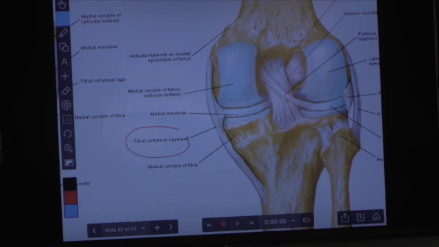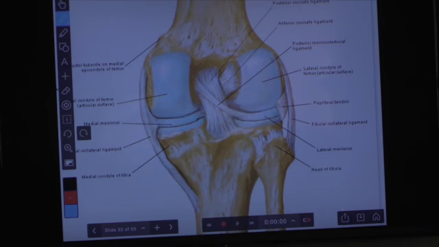This one, and as you can see, it's attaching to the medial meniscus, and you can see the lateral meniscus does not attach to the lateral collateral ligament of the knee. All right, we will then move to the joint between the tibia and the fibula.